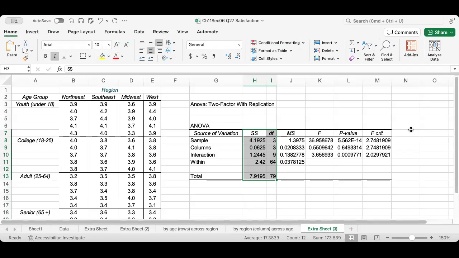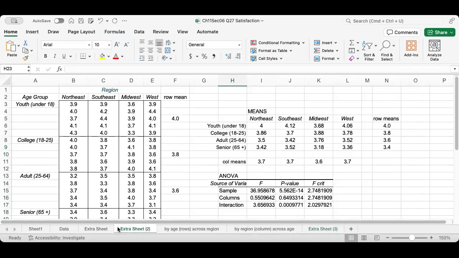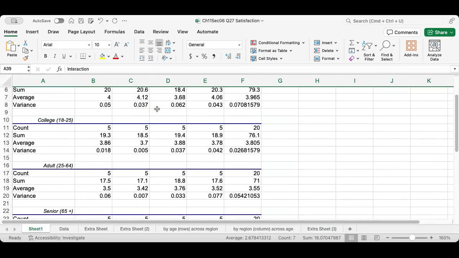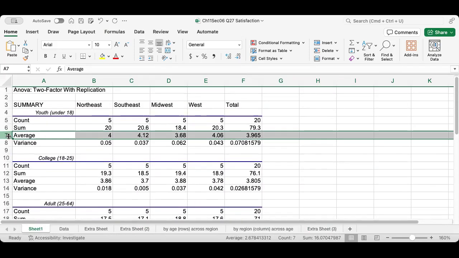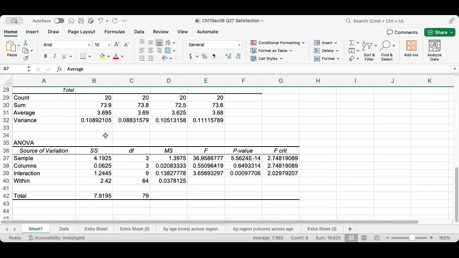This is the same information. I just stripped it out and moved it up so I could see it better. Here, I just stripped out the means so that we could see those, right? This is what I made the plots from. I took the means from our summary here, because I've got average for each row and each column.